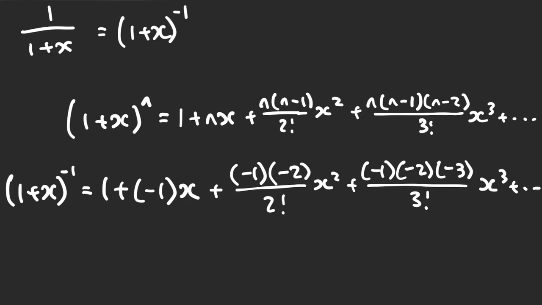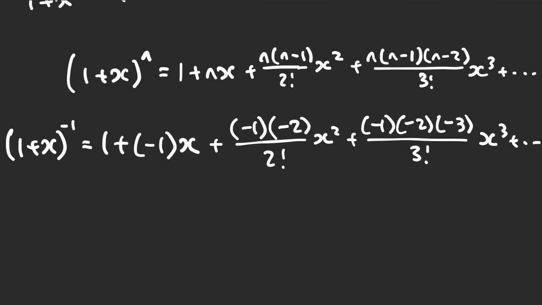I'm not going to do the infinitely many terms, that would be ridiculous. So simplifying this then, we get 1 minus x. Now negative 1 times negative 2 gives us positive 2, and we're dividing by 2 factorial, which is 2 times 1, which is also 2. So the coefficient of the x squared is just going to be 1. So we're going to have plus x squared.